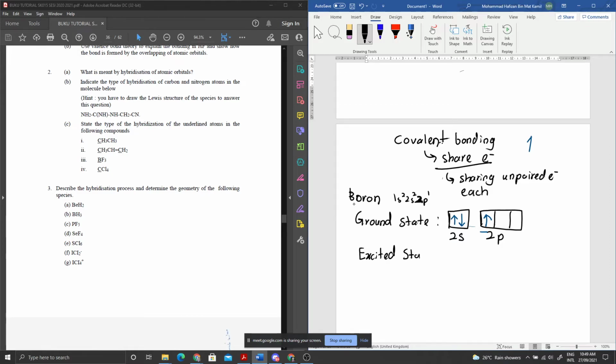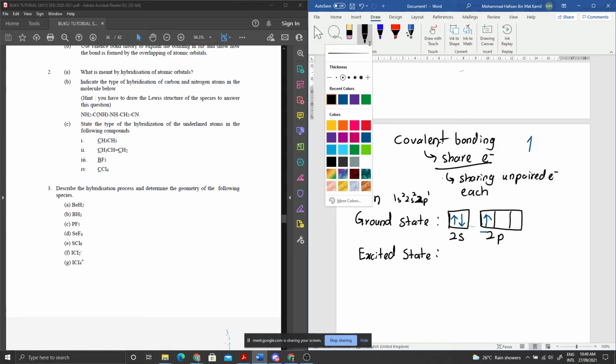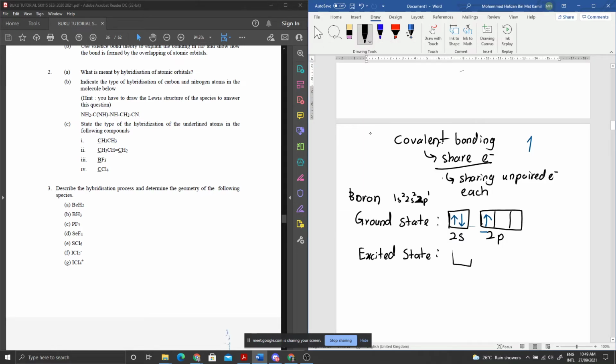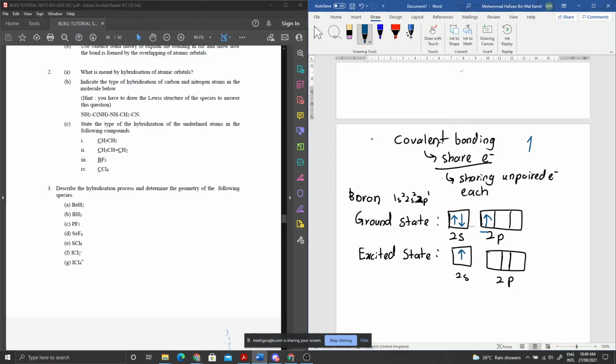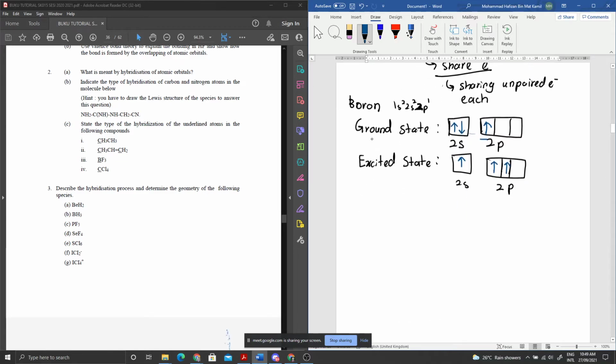Okay, so dia jadi excited state, where the energy yang boron ni dapat, dia gerakkan one of the electron dekat hadapan. So let's draw 2s dengan 2p. So dia gerakkan dia punya electrons ke hadapan. Like that. So this is the punya excited state.